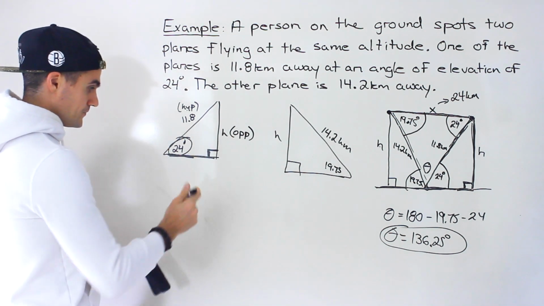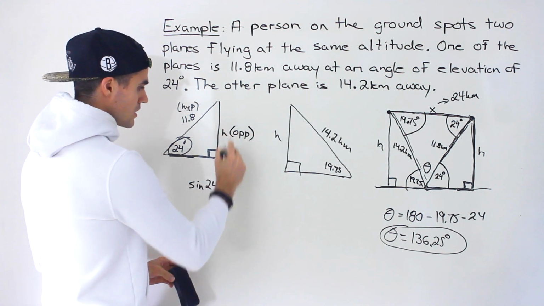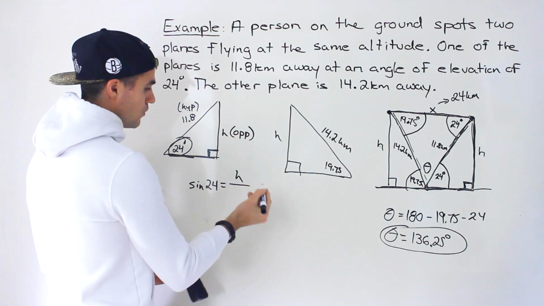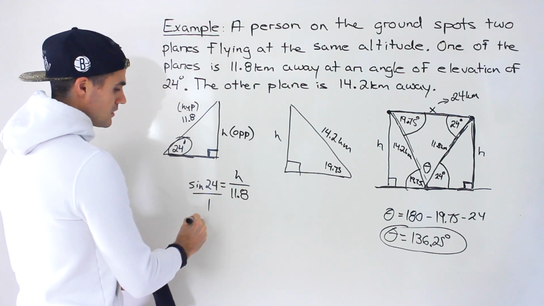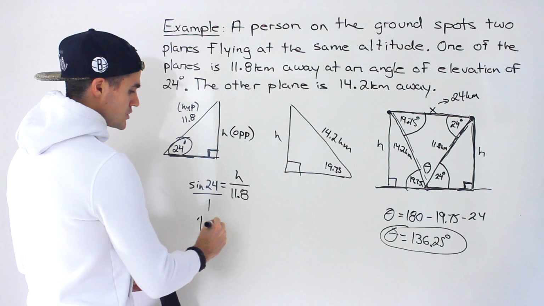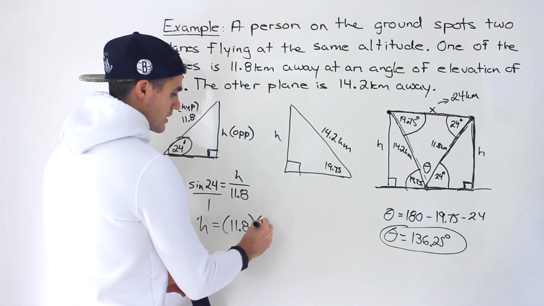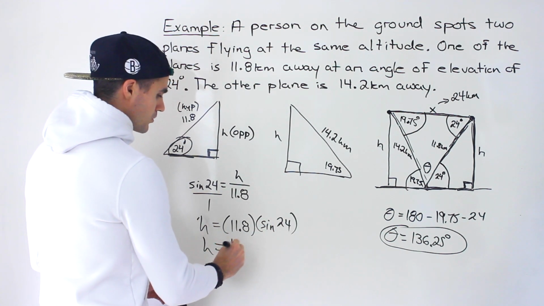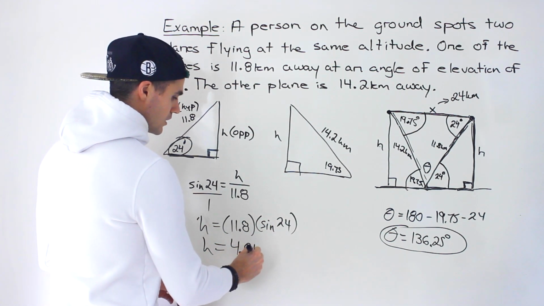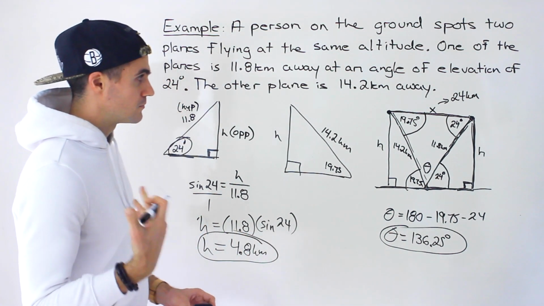The sine ratio. So we can go sine of 24 is equal to the opposite, which is the h value, over the hypotenuse, which is the 11.8. And then from here, we can cross multiply. h times 1 is h, and then we'll have 11.8 times sine of 24, which would give us approximately 4.8 kilometers. And so that ends up being the final answer for part B.